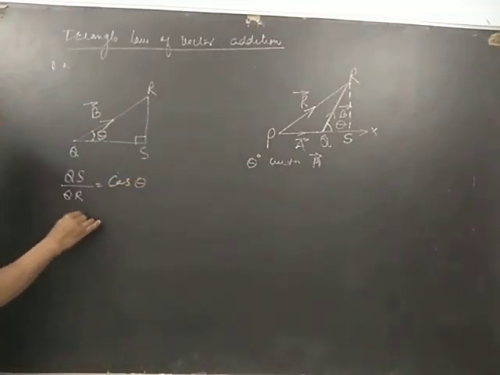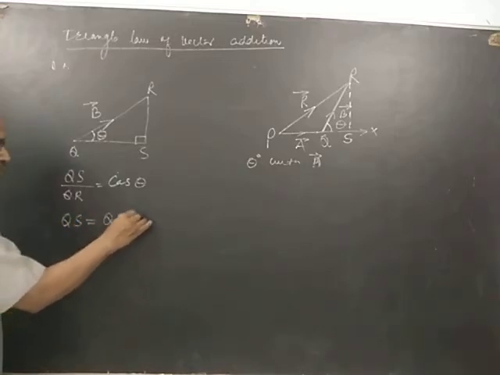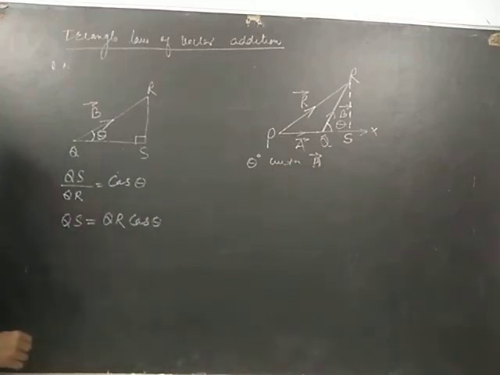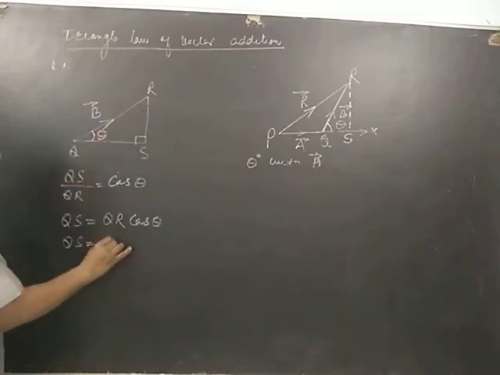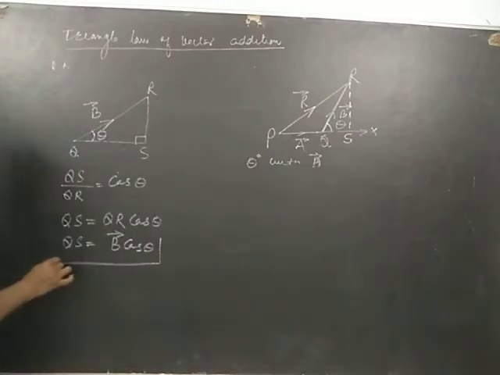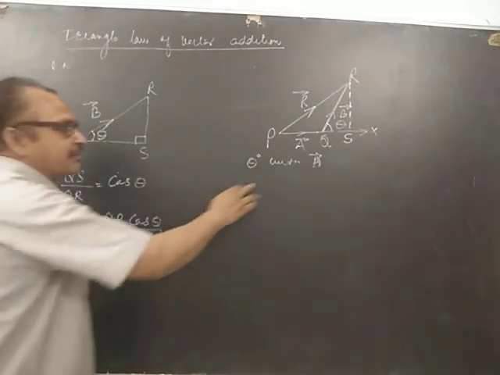So QS will be equal to QR cos theta. And what is QR, my dear friends? Shabash, just now you have seen. QR is B. So QS is B cos theta. Any doubt? So I am able to find QS, that means this distance.